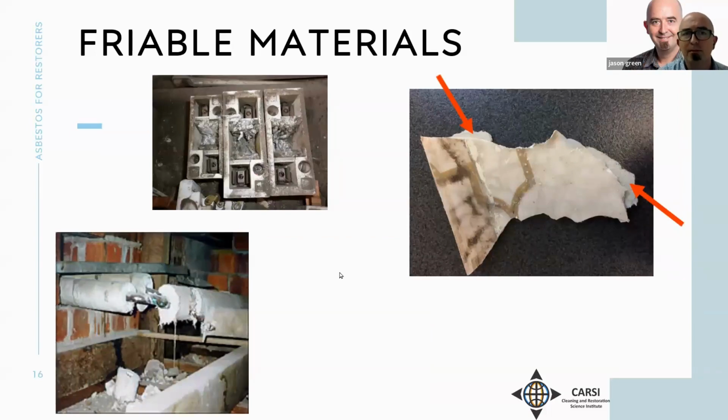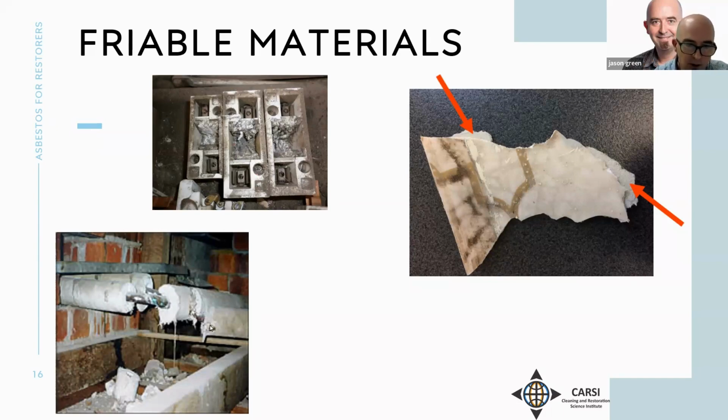Okay, some other examples of friable material. You can see here your old style fuses in the switching gear on your electrical backing boards. The packing inside the fuses is a friable material. Very common in old houses and on commercial and industrial sites as well.